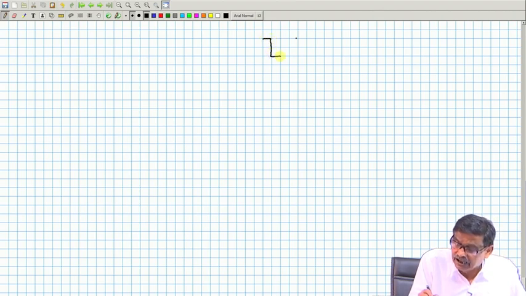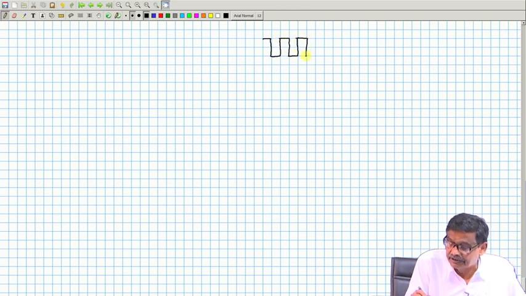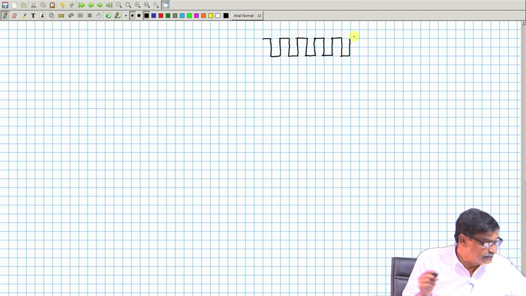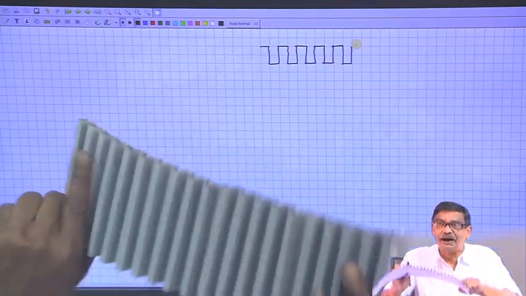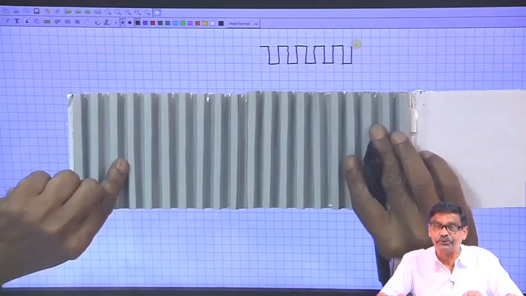These slots I will show like this, slot and teeth in the developed diagram. This is the rotor periphery. Developed diagram means this circular diagram, you have unwound it and you are showing it.